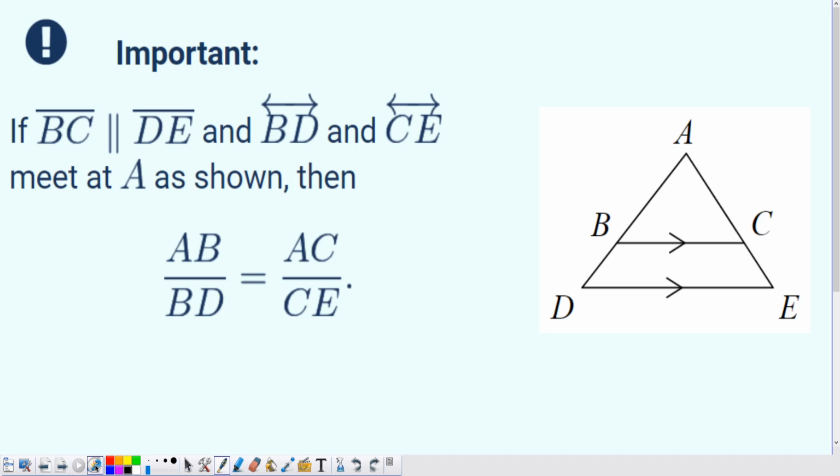It actually is a very important theorem. We're going to use it a lot. It is a very handy ratio, and it will come into play if you know how to use it. It is going to save you a ton of time and typically a lot of work.